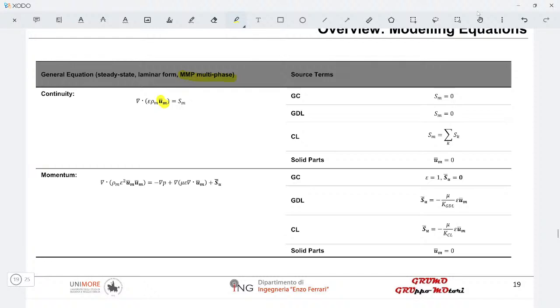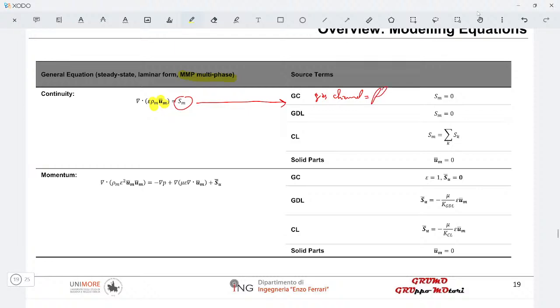So you have this subscript m, and this relates also to other properties like the density. It's not anymore the density of the fluid, it's the density of the mixture. Okay. But if we have to resume everything that we have said today, we have the continuity equation where this S_m term depends on the region, where GC stands for gas channels.